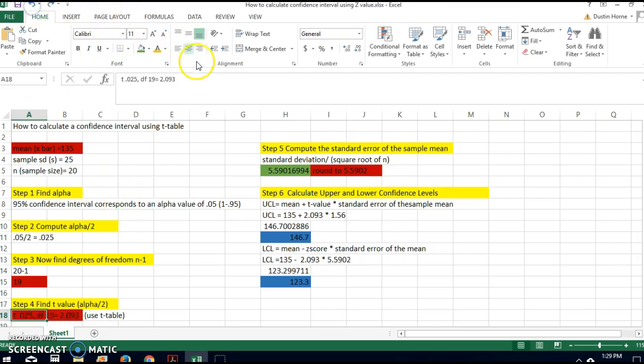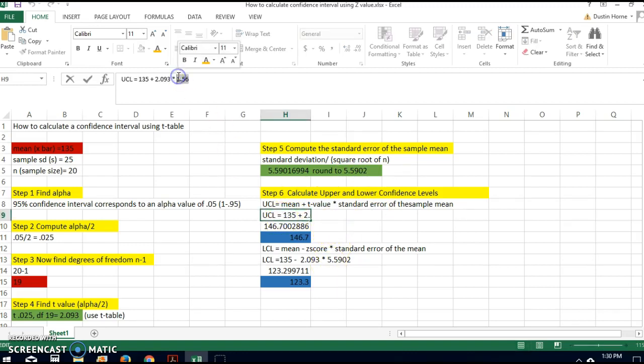I like to use color to help you see. So I plugged in 5.5902 down here. I just completely did not change that.